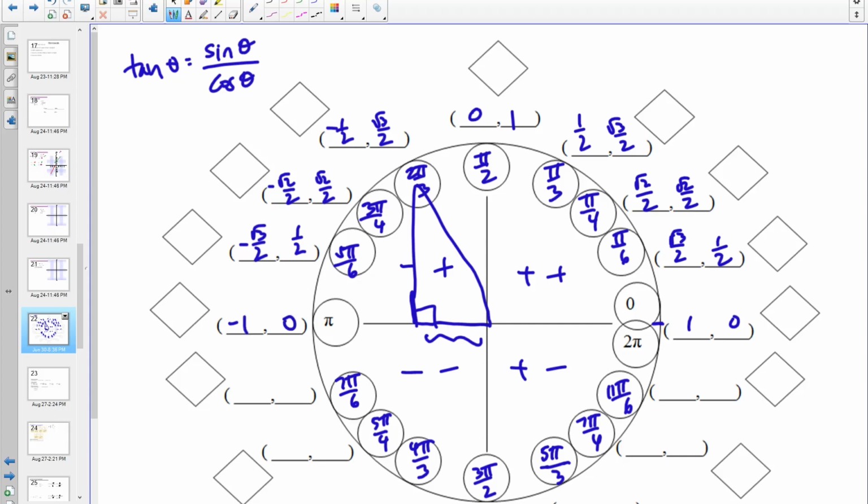So what we want to do is take the sine value. Well, the sine value is this right value. So that's the sine of 5 pi over 6 here. And this value here is the cosine of 5 pi over 6.